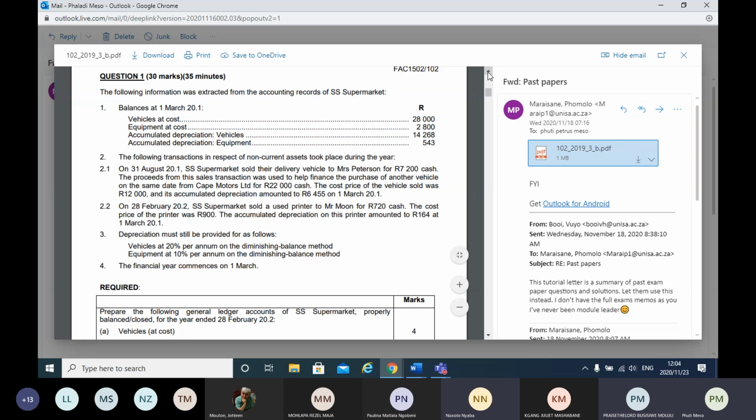Right. So disclosure works in this way. Accumulated depreciation, we know it goes to your PPE note. You're going to look, is it at the beginning or is it at the end? Then you know that the depreciation would go both ways: your PPE note as well as your profit and loss statement.